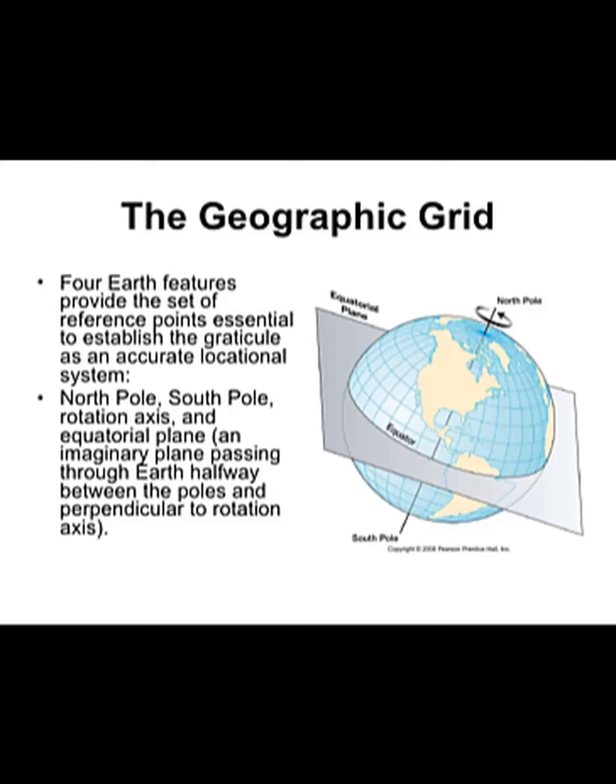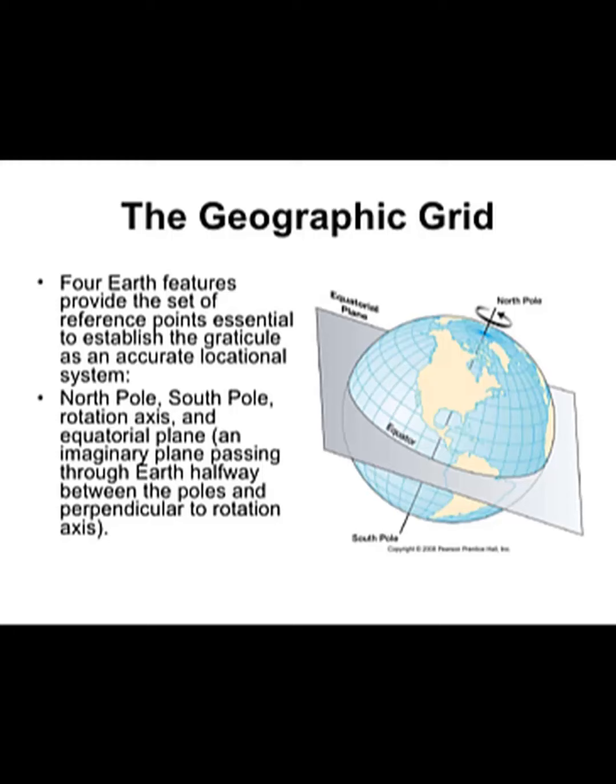The vertical lines are called the longitude and the horizontal lines are the latitude. The intersection of these 2 points determines any exact location.